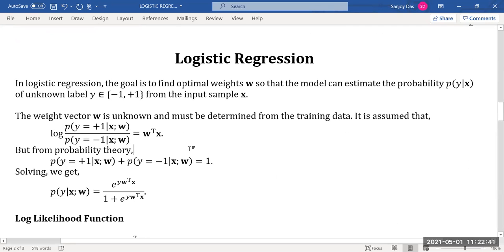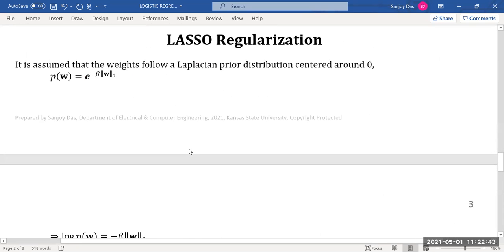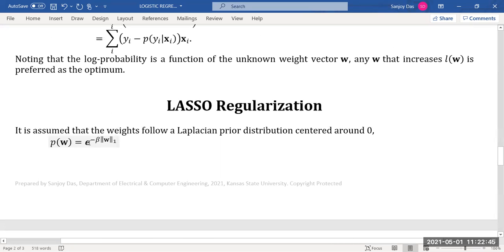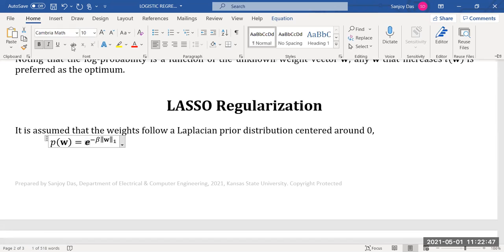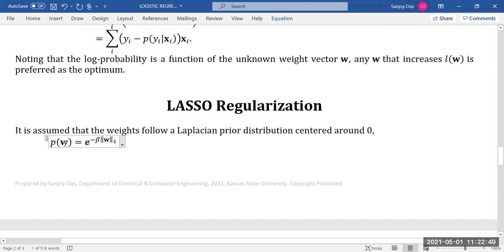So this is our assumption. The prior probability of W is e to the power of negative beta times the one norm of W. So which has the highest probability?